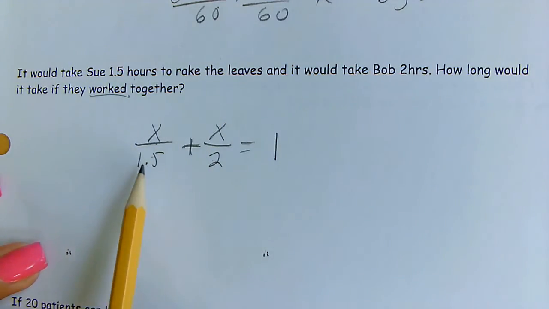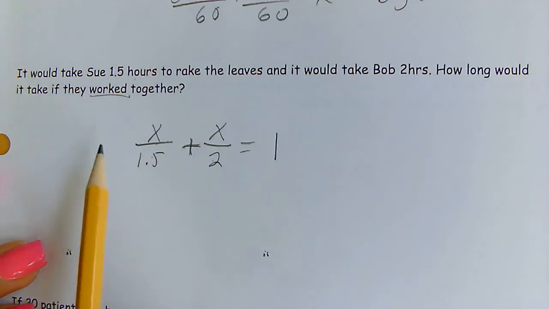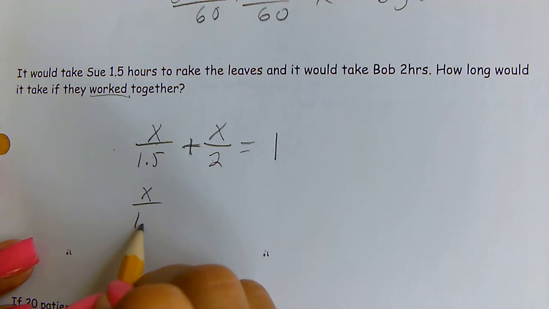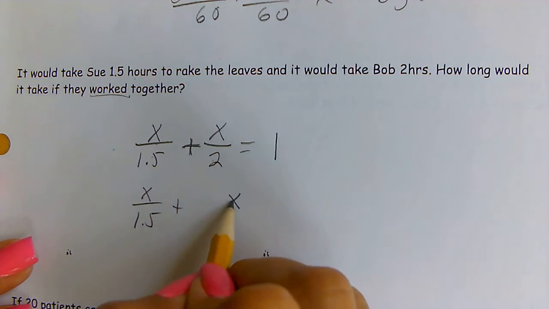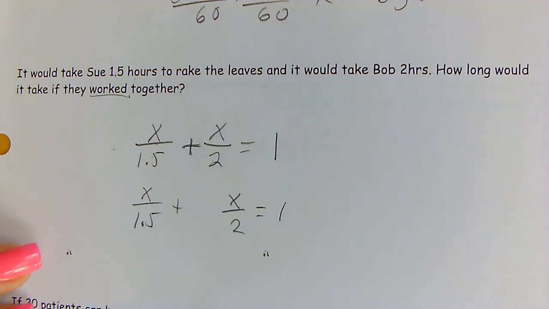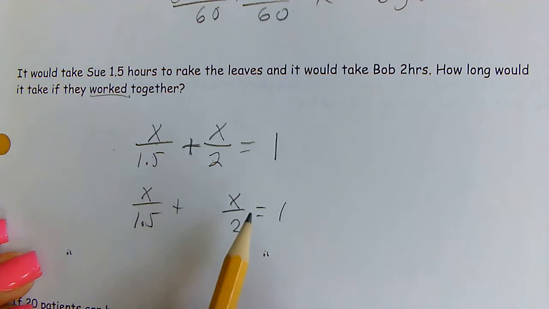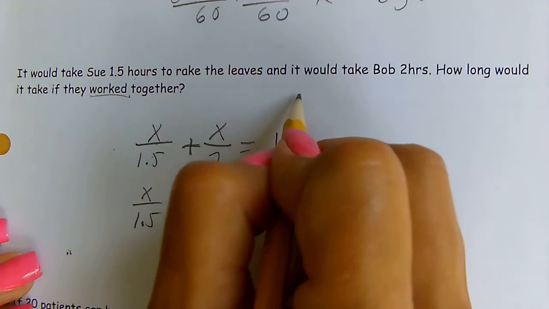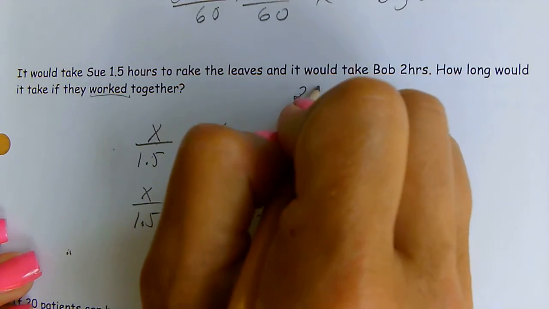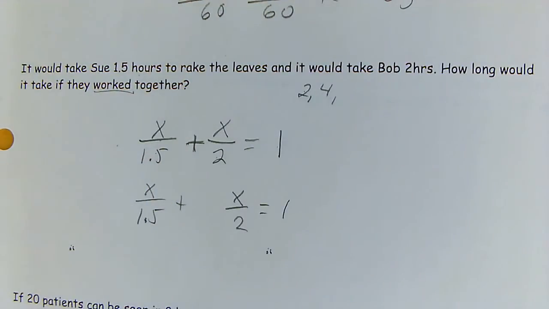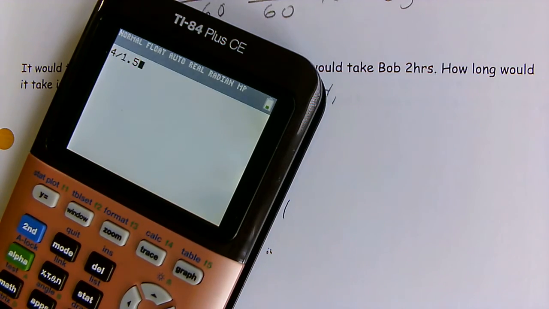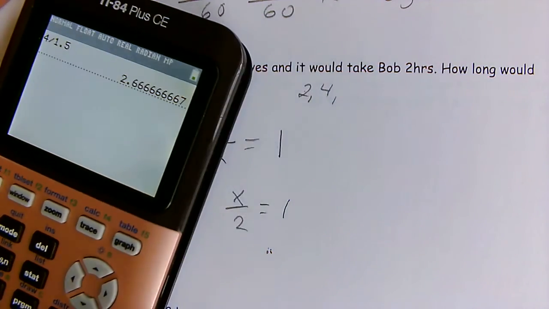Now I need to find the lowest common denominator and multiply all three pieces by the LCD. So my lowest common denominator of 2 and 1.5. 1.5 does not go into 2. 1.5 does not go into 4.